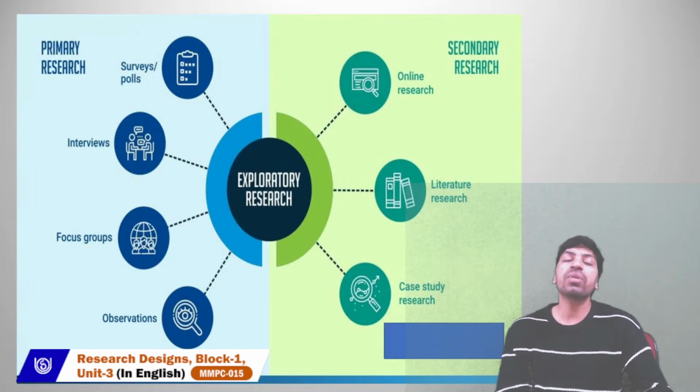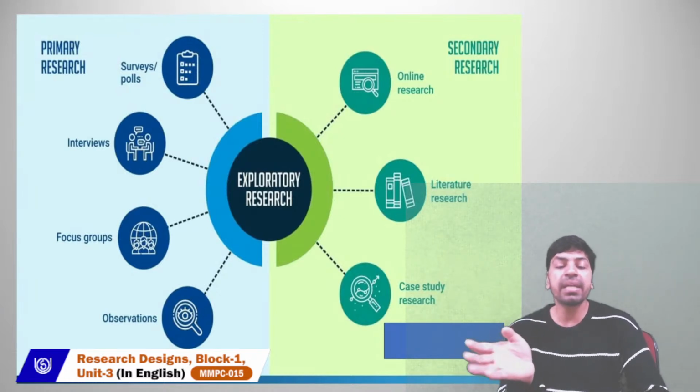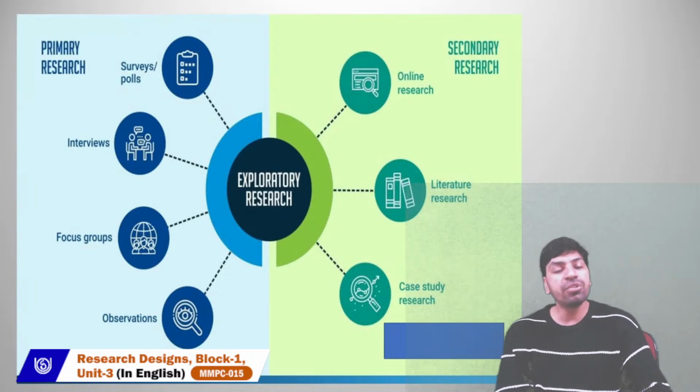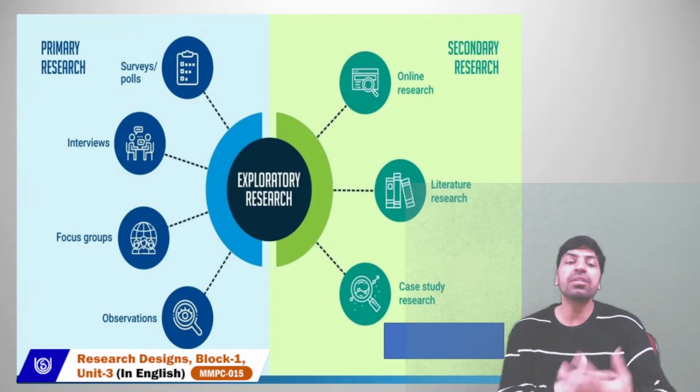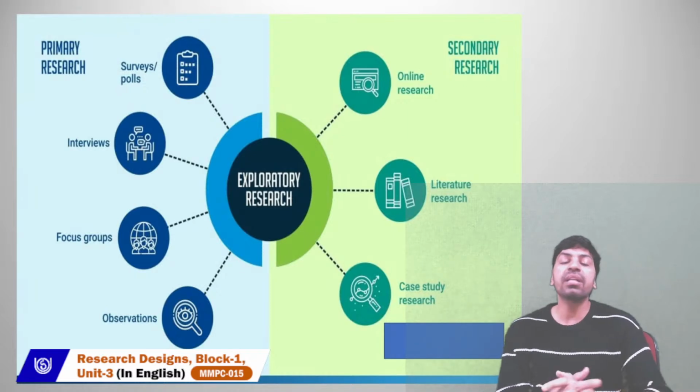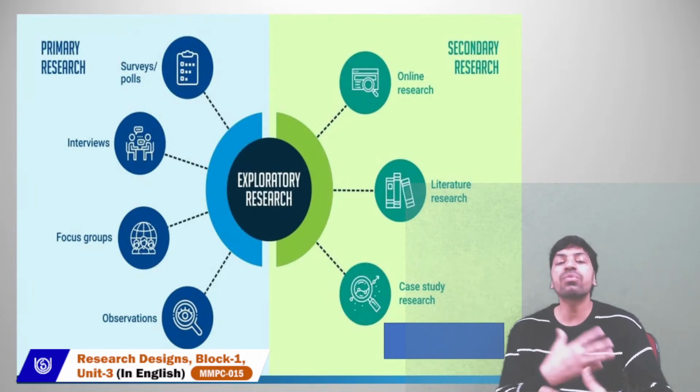Literature research: plenty of existing articles relevant to your topic are available online, which you can search out, study accordingly, and mention in your new research studies. The next one is case study research. You can take up any real-life case and start researching it, and accordingly conclude the case in the form of multiple questions and answers.